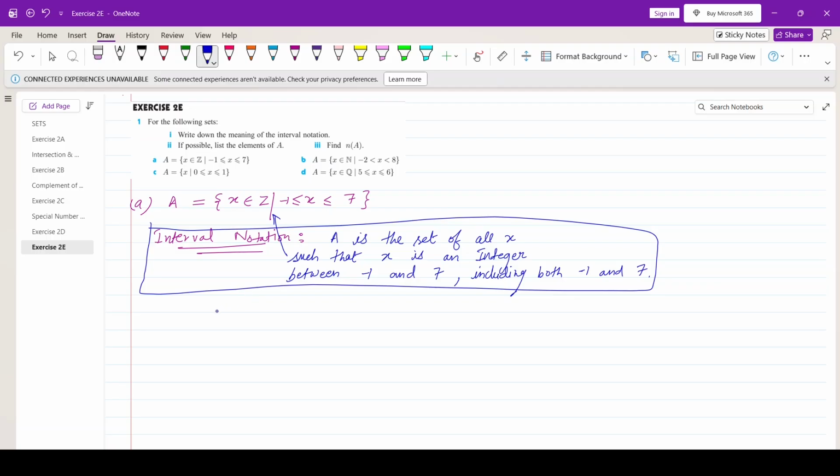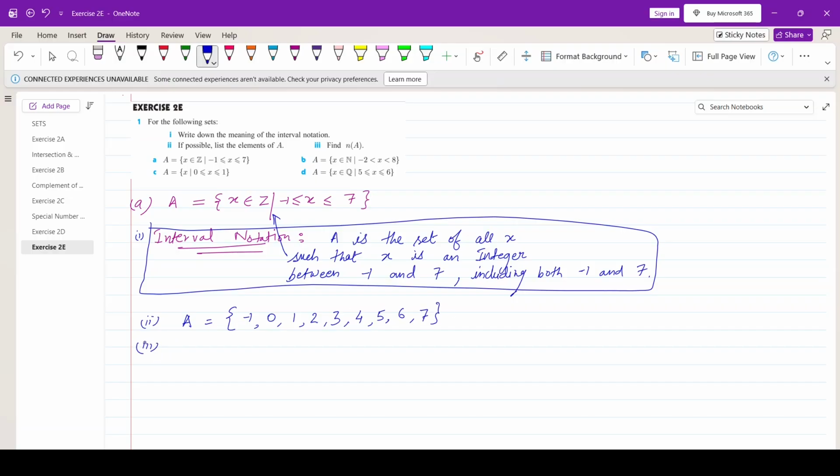Now, we have done the first part. For the second part, the question is asking, if possible, list the elements of A. So the elements of A will be -1, 0, 1, 2, 3, 4, 5, 6, and 7.